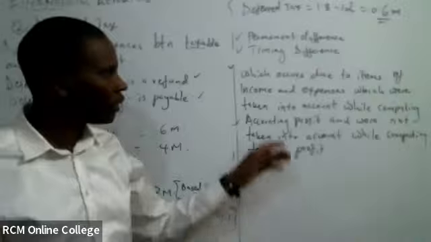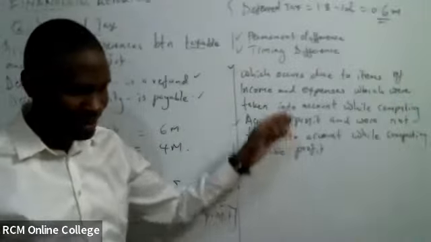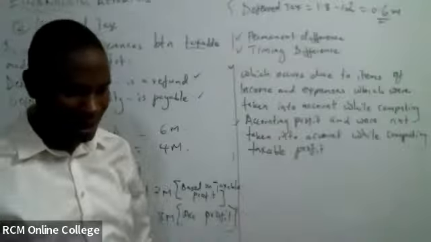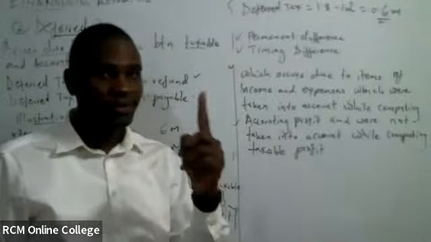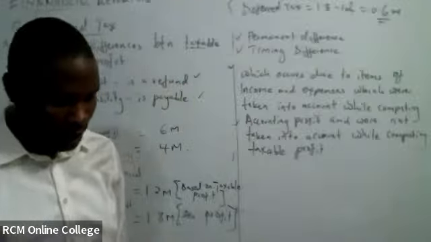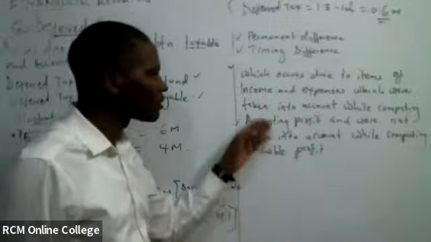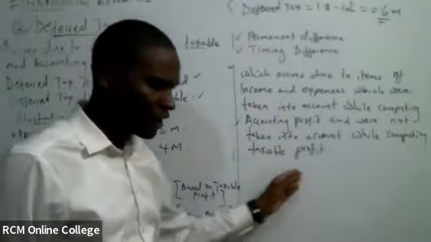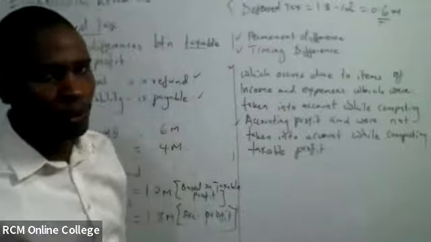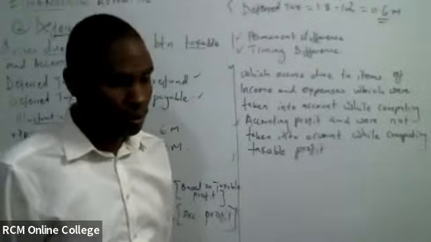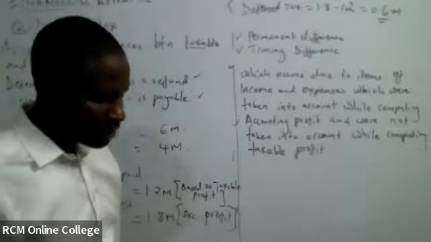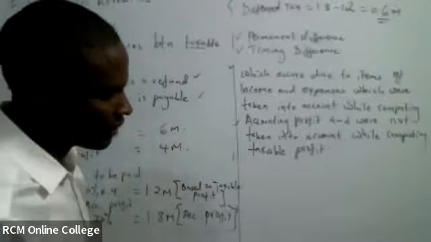Now, at this point, where we have the permanent difference, we say that the difference will only occur once. You can write that down. And the difference does not give rise to deferred tax.